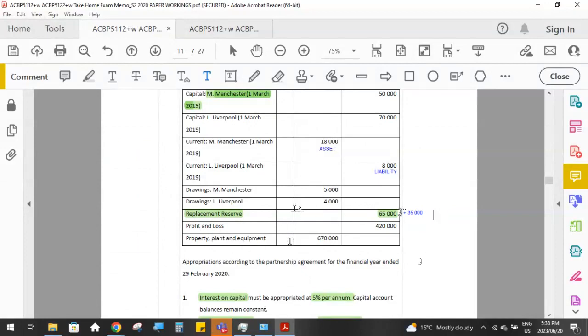This replacement reserve account, these reserve accounts fall under the equity section of your balance sheet. That's why they are credits. Like a capital account is a credit. The current accounts of the partners are credits if the partners are owed money, and the replacement reserve is a credit because that is part of the profit that the business is holding in the equity section of their balance sheet to use in the future to purchase new assets.